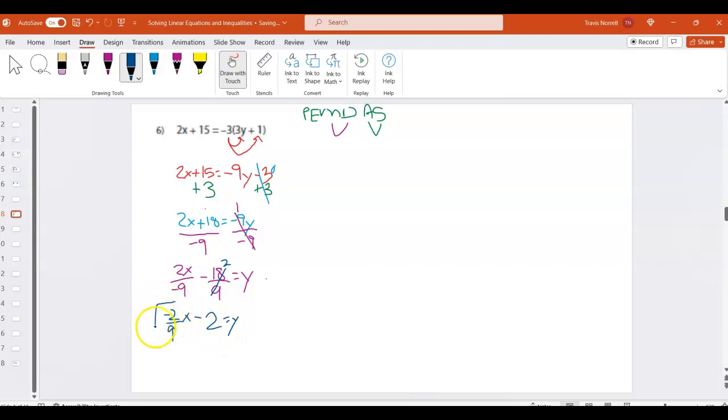It really doesn't matter if you put y equals or y equals on the left or the right. Both are equivalent equations. Both would be acceptable answers.